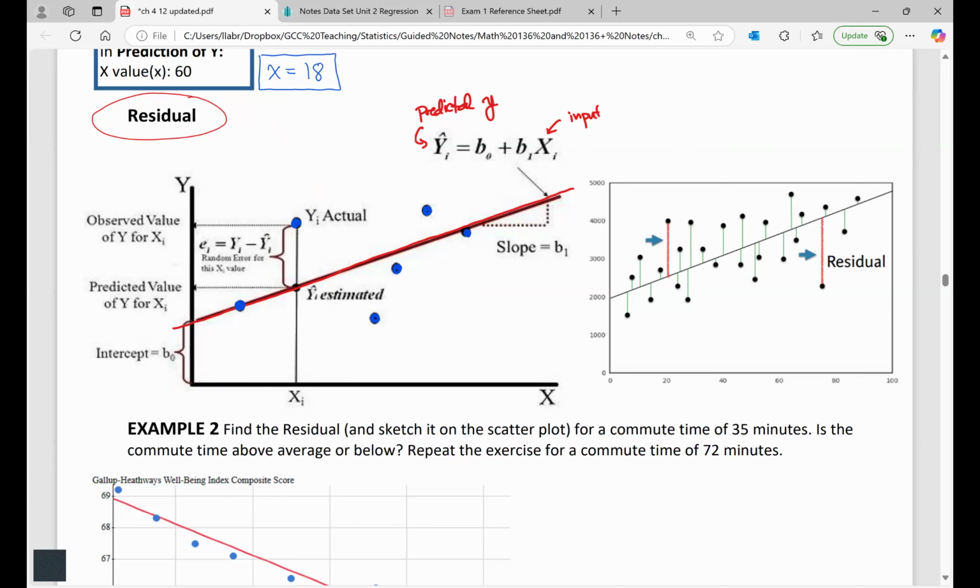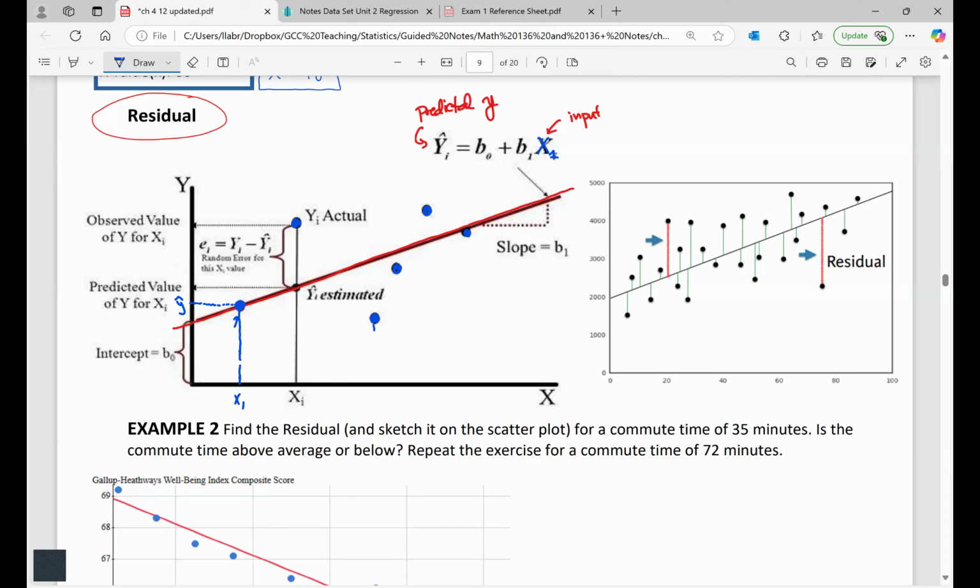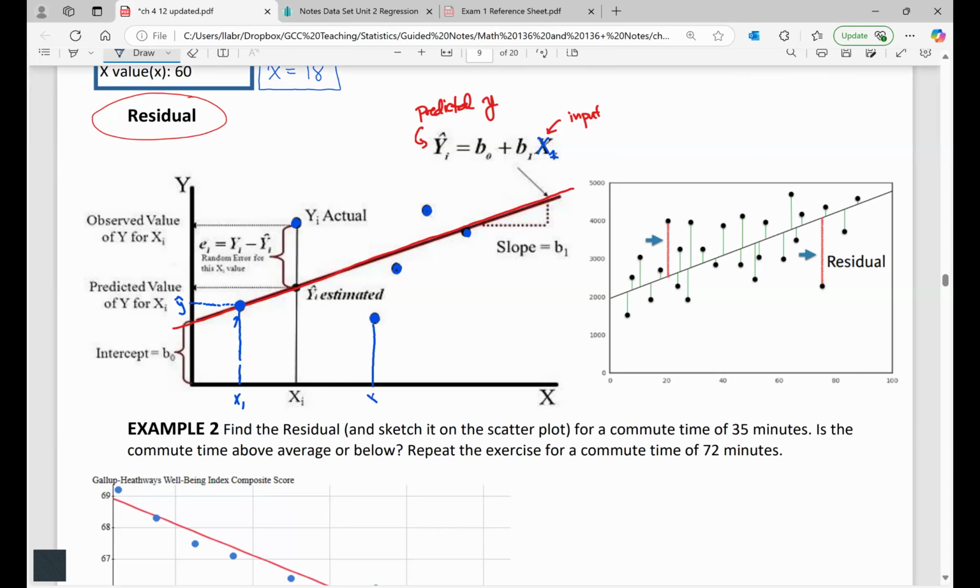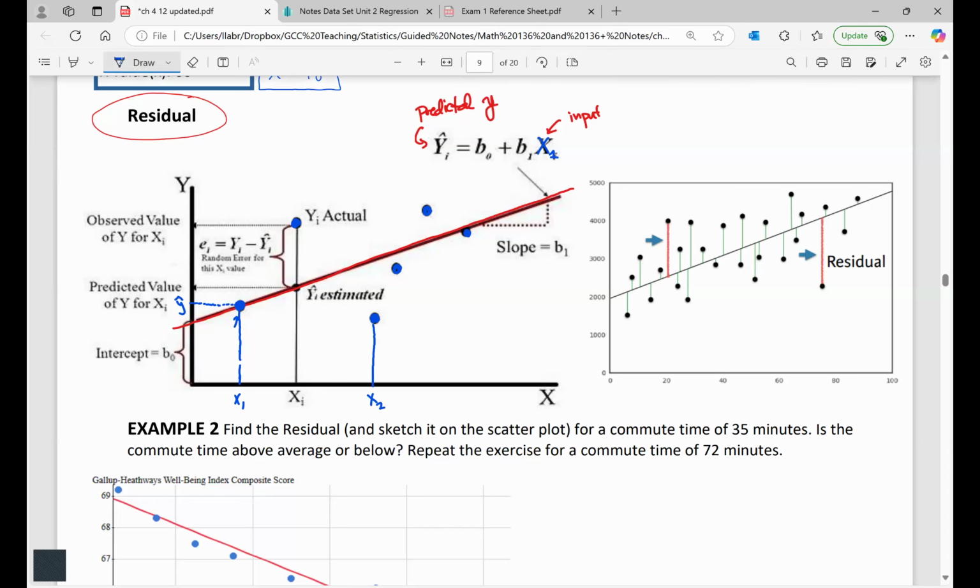On the other hand, if you take a look at this data point here, so let's call this x2, then substitute that value x2 into your formula, and you'll get a corresponding y value. But remember that this basically says if you use this line, you'll get a corresponding predicted y value that's right here, versus the actual y value, which is the actual height of that data point.